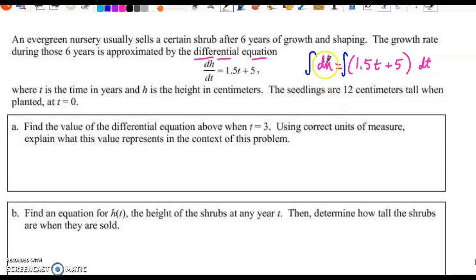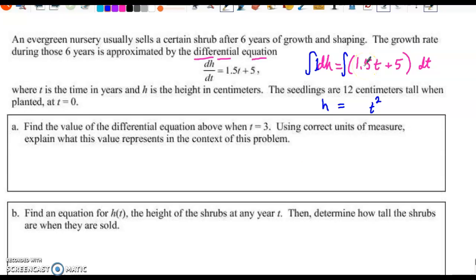Is dh on this side would just be h. Think about it as no variable right here. You can think of it as a 1, something like that. Well, if you add 1 to your exponent, it'd be h to the first, and then divide by that new exponent, just be 1h. And over here, I think it makes sense that you'd add to your exponent, divide by your new exponent.